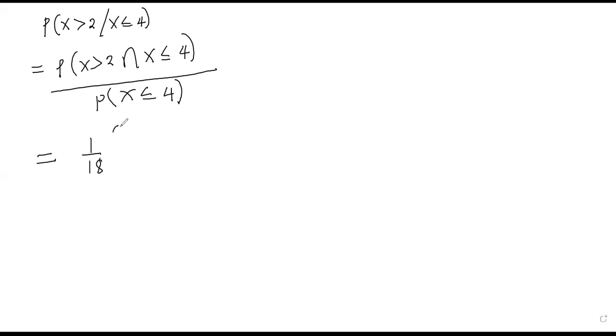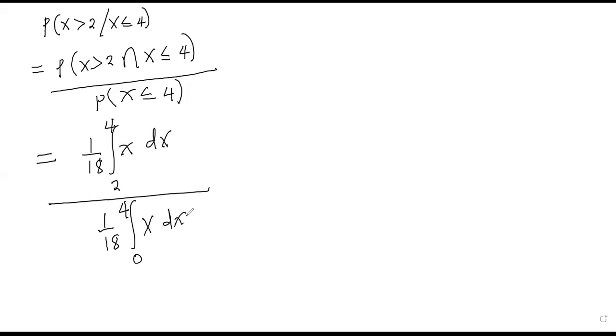So it will be 1/18 integral from 2 to 4 of x dx over, for x less than 4, it means that the upper is 4. So we shall say 1/18 integral from 0 to 4 of x dx. Right.